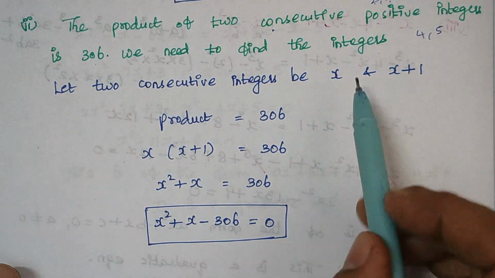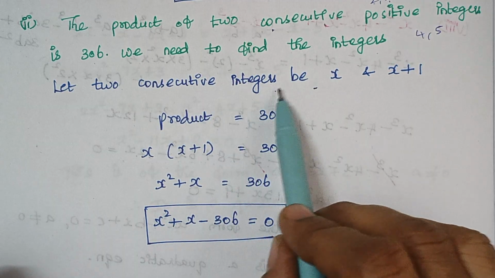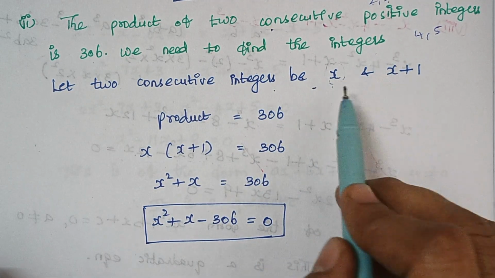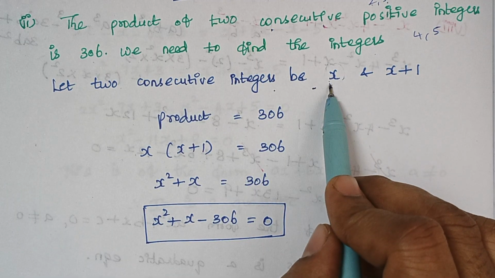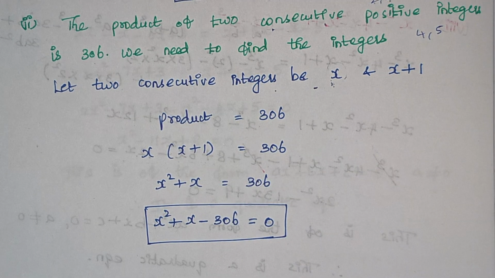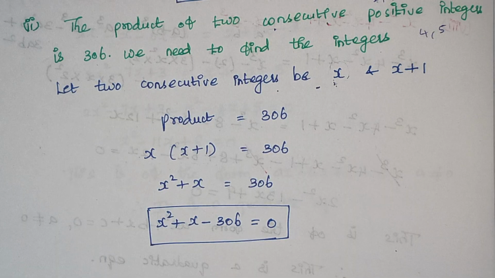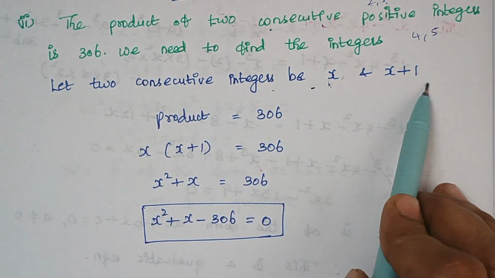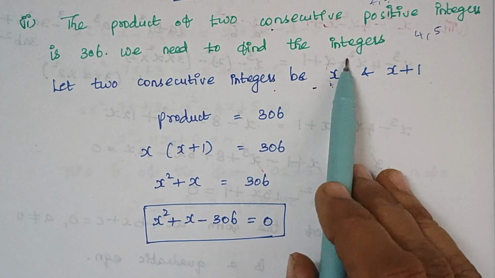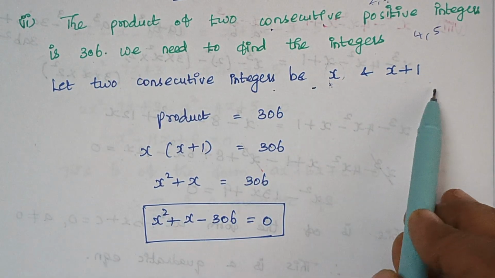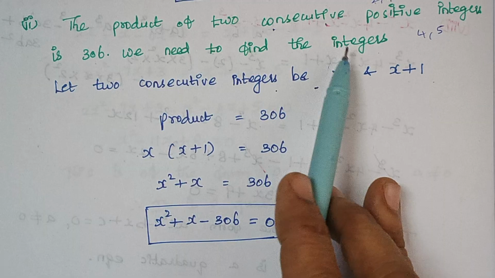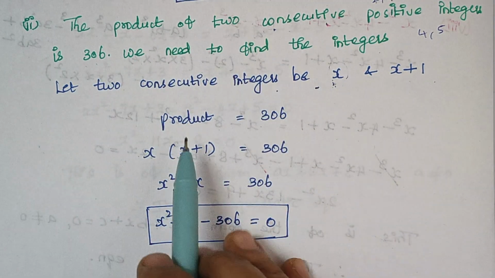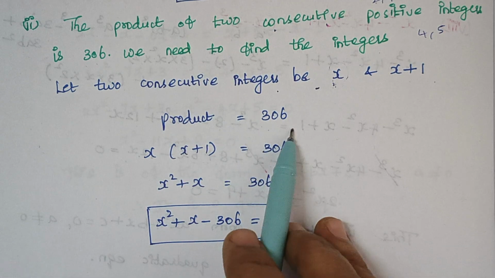So here, let the number be x. Then what about the other number? It will be 1 greater than the number. Therefore here it is x plus 1. So the consecutive integers are x and x plus 1. For example, if this is 2, then this is 2 plus 1. The given thing is the product of the two integers is 306.